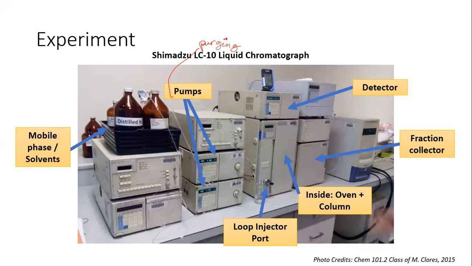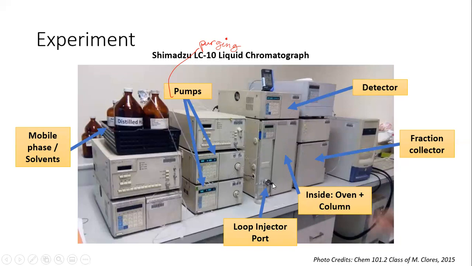Okay. Then you have your loop injection, loop injector port. Okay, so manual injection to, walang auto samplers sa HPLC ng ASL. Then inside this, meron dito sa loop injector port, may nakakonect yan na fixed sample loop, and that is connected to the column.